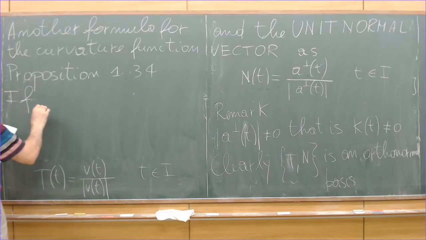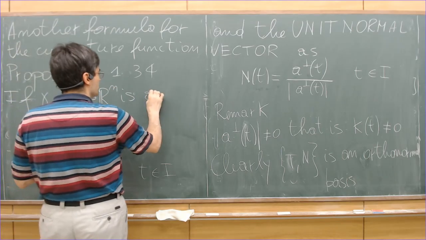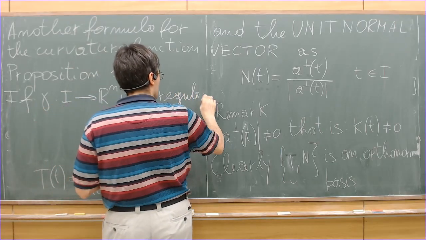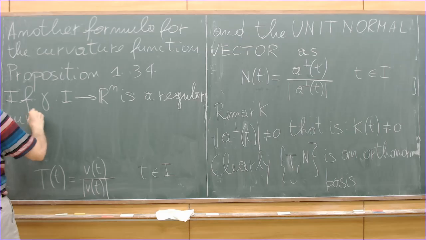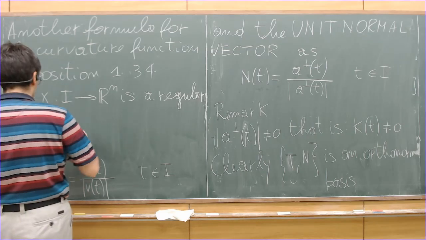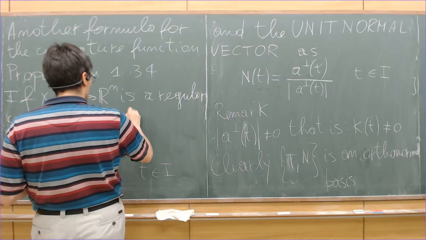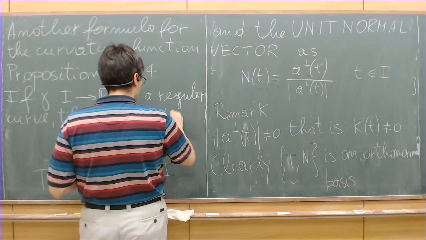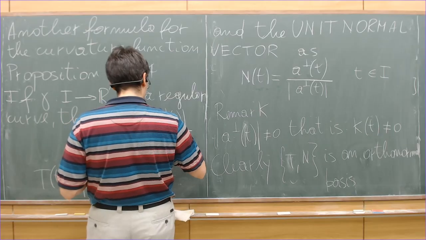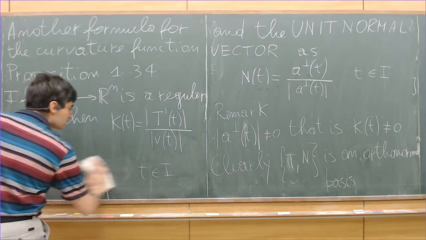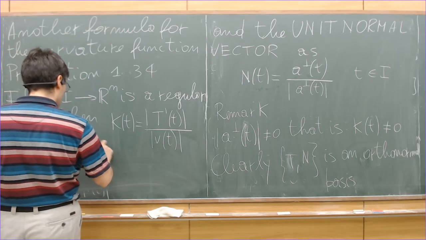If gamma defined on I with values in R^n is a regular curve, then k of t, the curvature function, is the length of T prime of t over the length of the velocity vector, for all t in I.